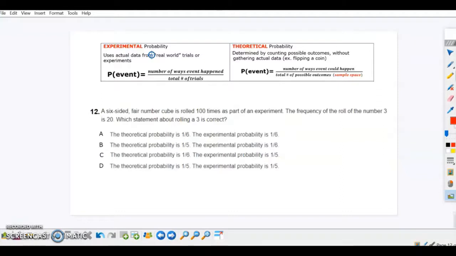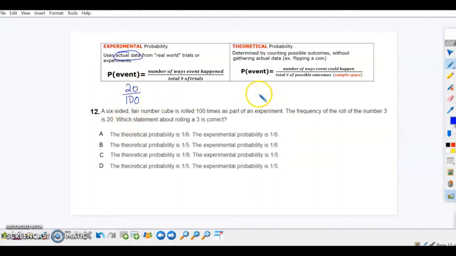We have a 6-sided cube rolled 100 times, and the frequency for rolling a 3 is 20. So let's look at the experimental and theoretical probability. Experimental means we're looking at what actually happened. They rolled a cube 100 times, and they got a 3 20 times.